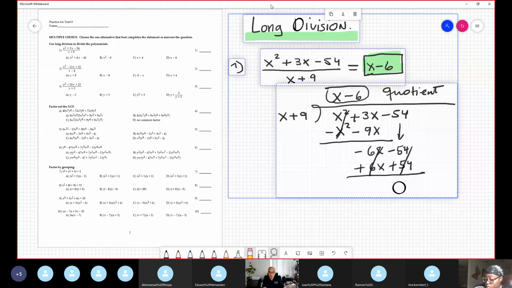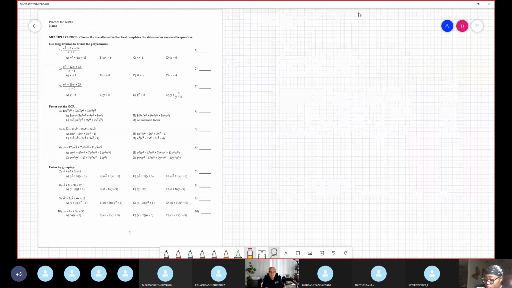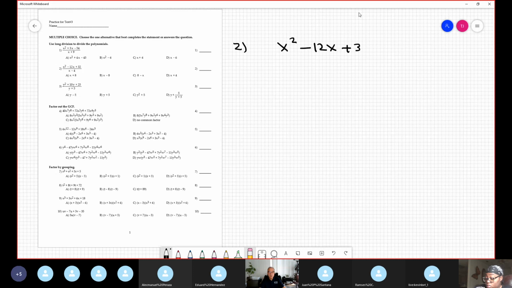Okay, let's do number two. Number two is x squared minus 12x plus 32 divided by x minus 4. Let me put it in the long division format.